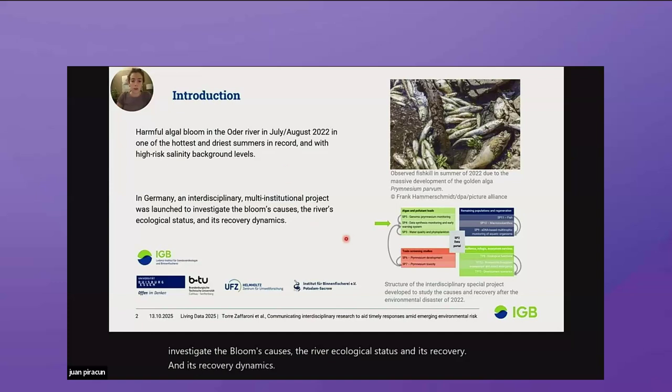So here on the right-hand side of the slide, you can see a very succinct representation of the structure of the Reusable project, which has 13 sub-projects, or TPs or SPs, as you may see differently, that all tackle different aspects, going from the genomics of the algae to the growing conditions tested in the laboratory experiments, the evaluation of different levels of organization, and in the aftermath of the disaster at the floodplain level.